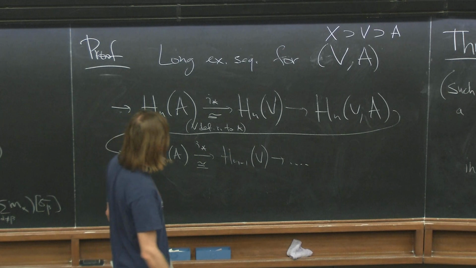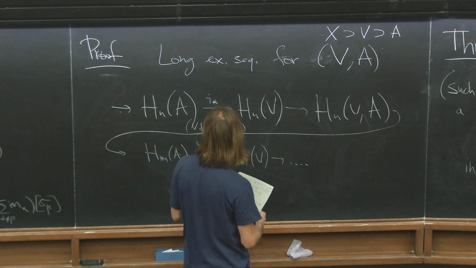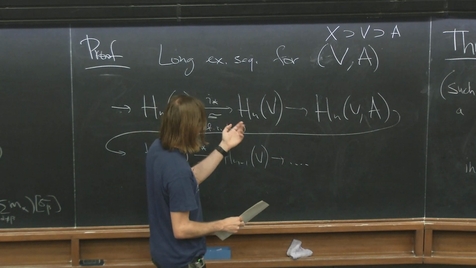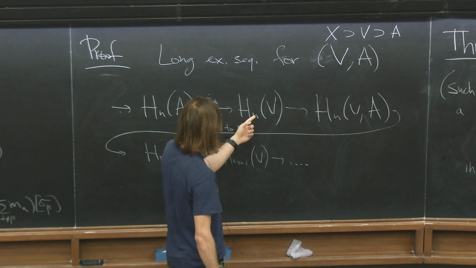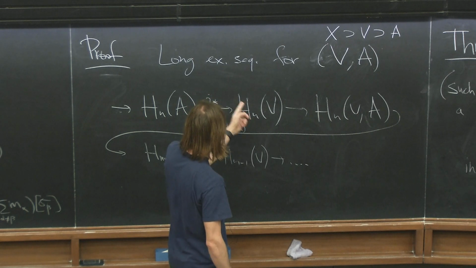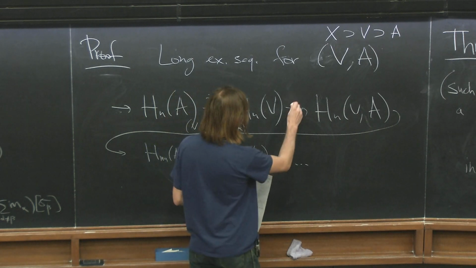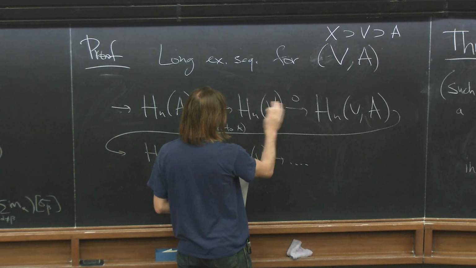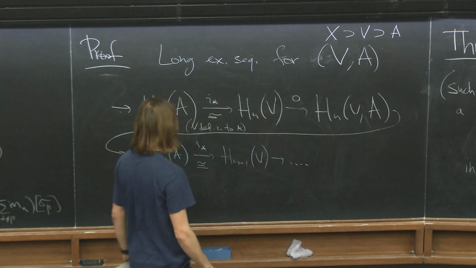Okay, and this means, if this is an isomorphism, and we know the sequence is exact, in particular the image of this map is the whole space. So this should be the same as the kernel of the next map. So the kernel of this map is the whole space, so this map is just trivial.